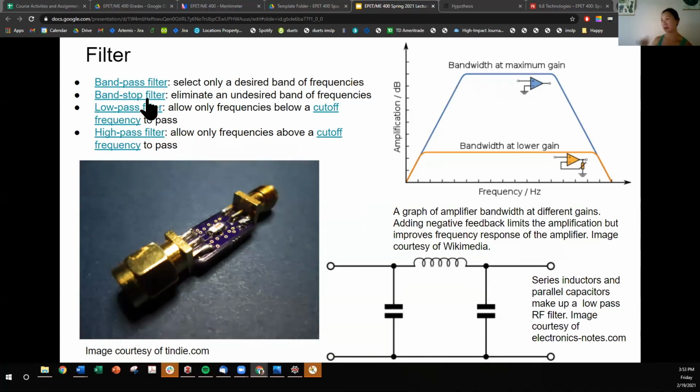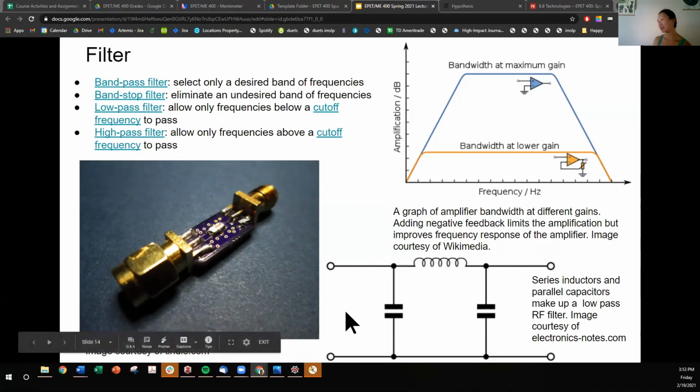A band stop, which is the opposite, you want to eliminate an undesired band. Low pass, where you have a cutoff and only allow lower frequencies to pass. High pass, where you let higher frequencies pass.